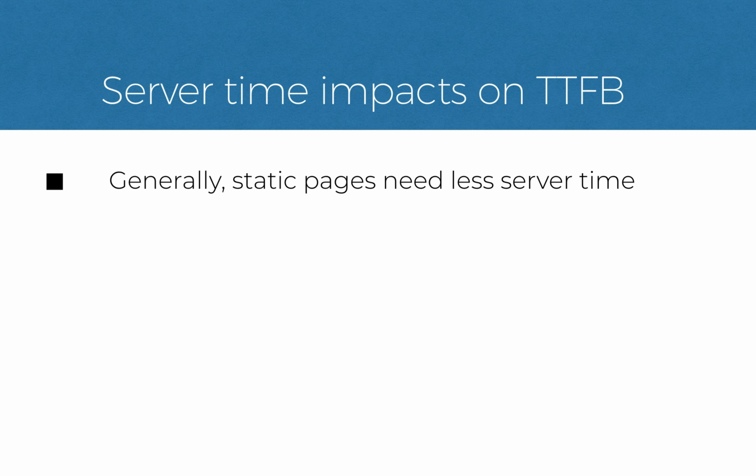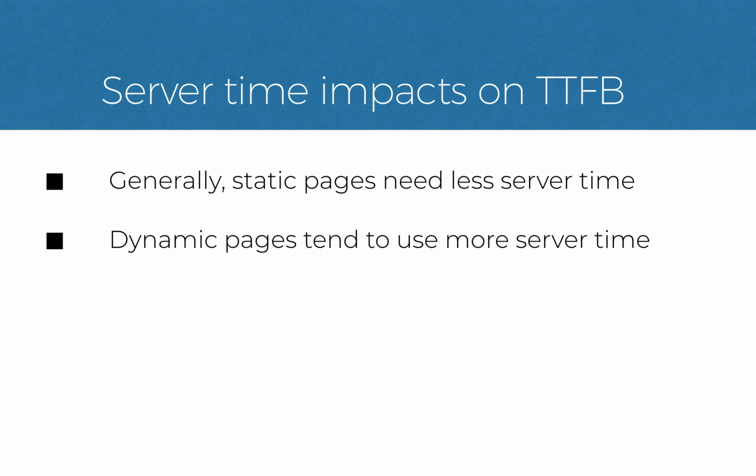It just asks for a static file and reads it out and sends it back to the browser. On the contrary, dynamic pages that are server generated tend to add time to first byte. So this step could involve making database queries, parsing large files, and even compiling a response using additional network calls to other sites before returning the response to the browser.